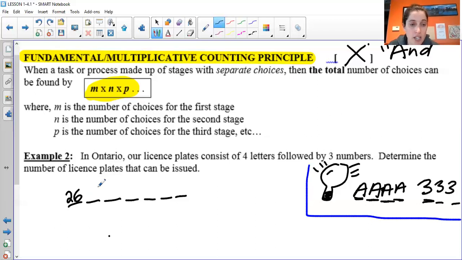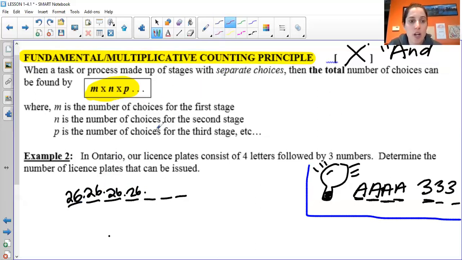So 26, but again, I could have an A, an A, an A, an A. So I have 26 choices for each stage. It doesn't say they have to be repeated. Sorry, that was the homework question. If it says a number can't be repeated, or a letter can't be repeated, it's 26, 25. If you can repeat it, it's going to be 26 each time for all of those slots.